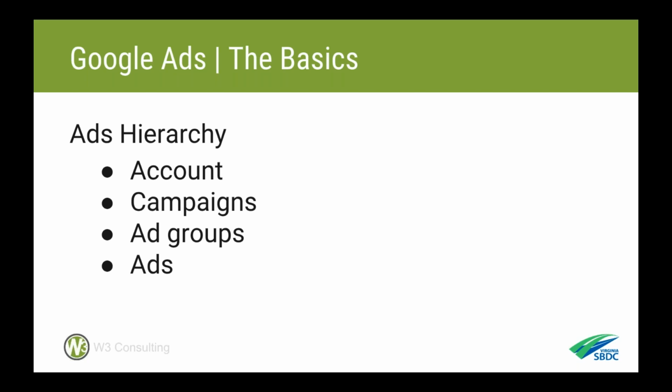In essence, it's a way to organize and structure your account so that you don't have 500 ads sitting in one big bucket. You want to be able to slice and dice the content so you can see it in different ways. I see many clients using different structures for their campaigns, ad groups, and ads. Just make sure it makes sense for you in terms of what you're trying to look at and why. Why are these things naturally together?